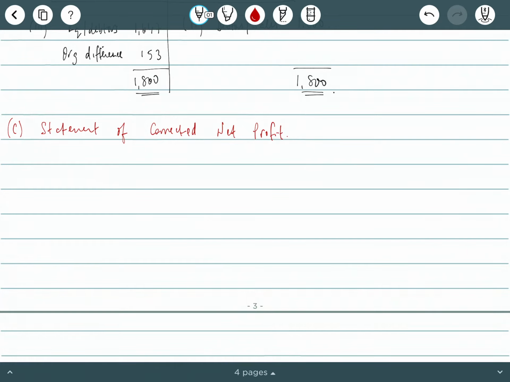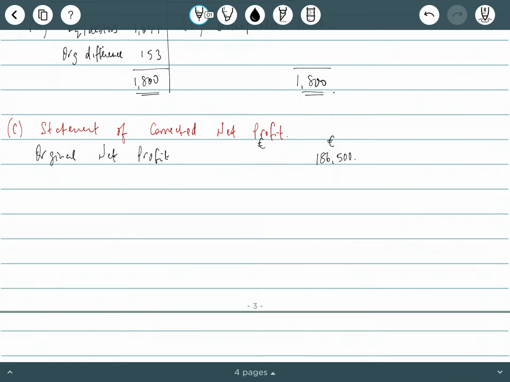The first thing we do, lads, is we go back to the trial balance. We take our net profit, which is 186,500. We write original net profit. We'll keep 2 columns here, I should have done that earlier. It was net profit 186,500.